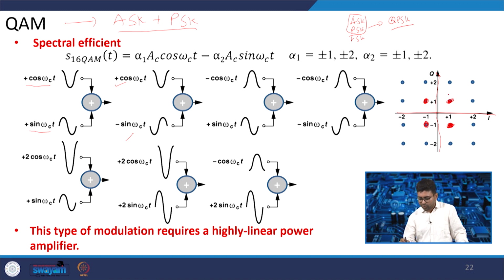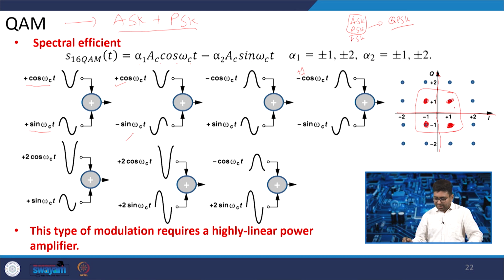So, this 4 point has an amplitude of plus or minus 1, and this can be written as alpha 1 A_C cos omega ct minus alpha 2 A_C sin omega ct, where alpha 1 and alpha 2 can be plus or minus 1. So, in this case it is plus or minus 1, and we are getting the 4-point constellation.